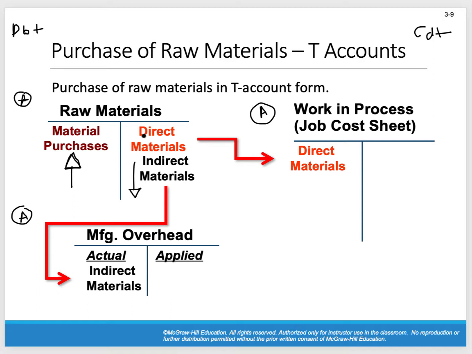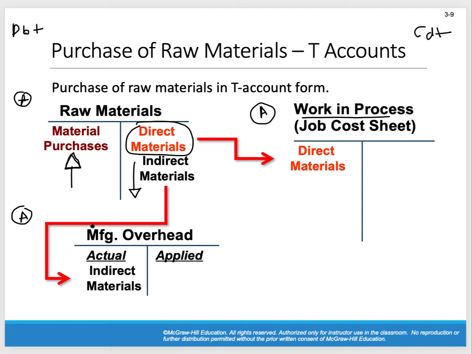Well, the direct material cost flows directly to the WIP account. Okay, got to know that. Direct materials flow from raw materials into the WIP account. Okay, the indirect materials that we incur flow to the manufacturing overhead account.